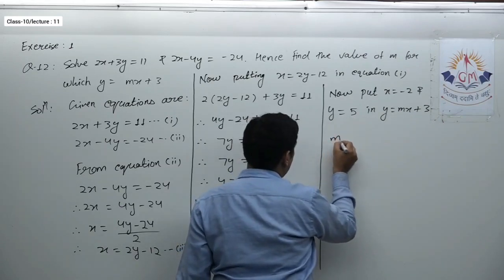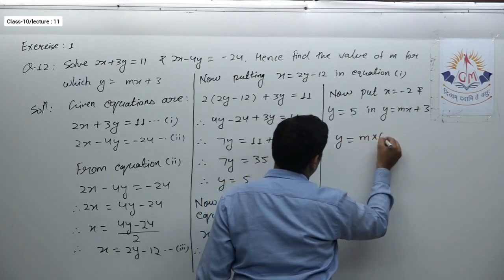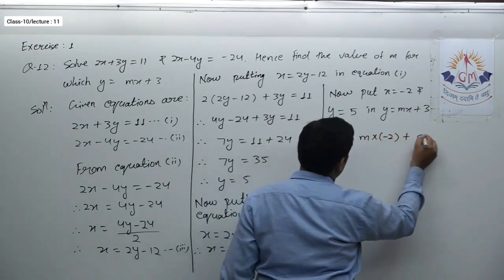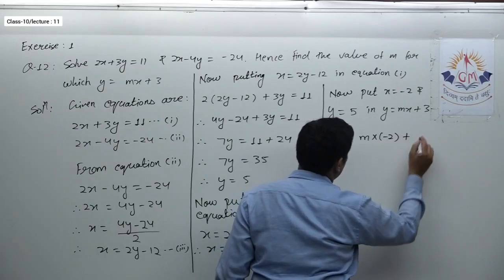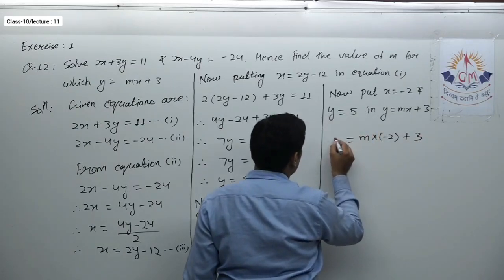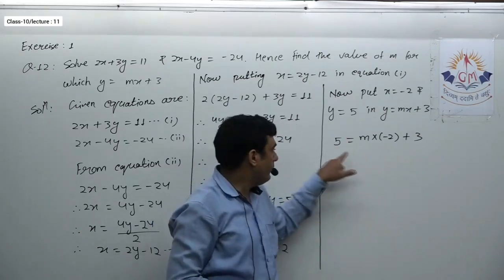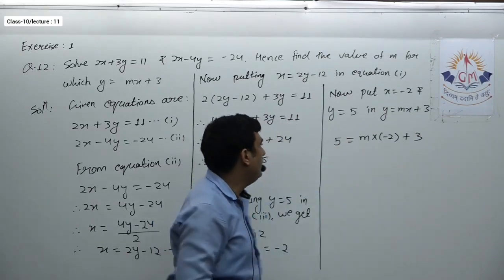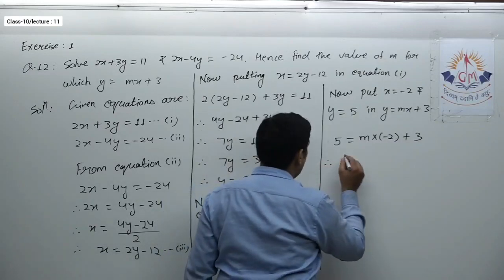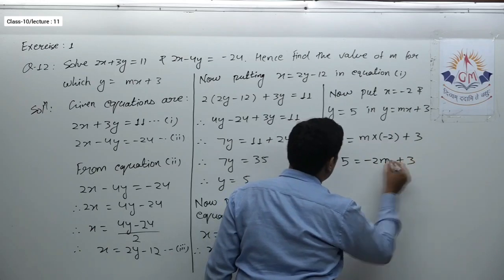So 5 is equal to m multiplied by minus 2, plus 3. So 5 is equal to minus 2m plus 3.